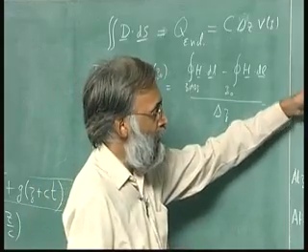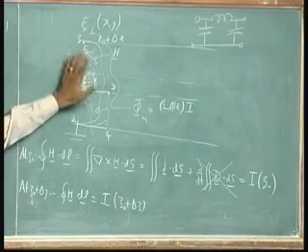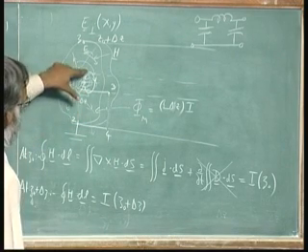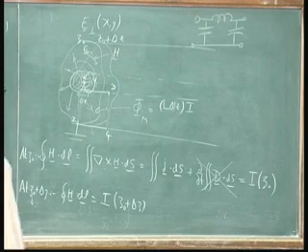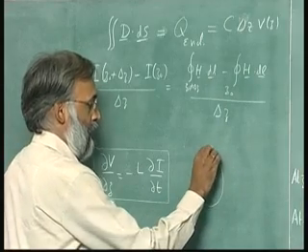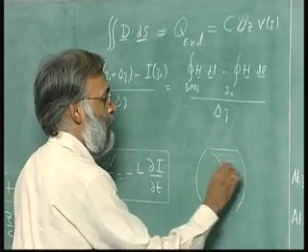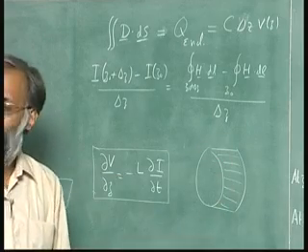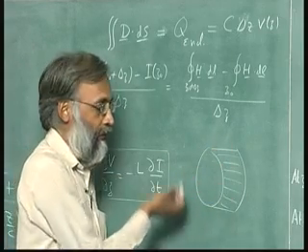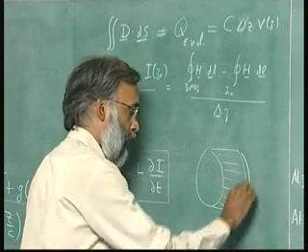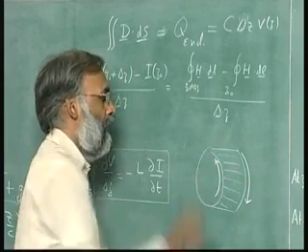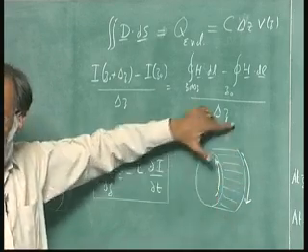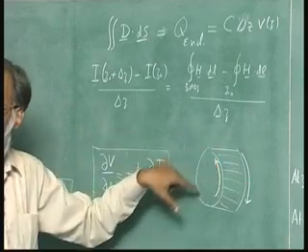So I am saying that this loop integral of h dot dl contains the current enclosed. But if I look at a ring like this and ask what is the boundary of the surface which I have marked with horizontal lines, that surface has a boundary which corresponds to going on that edge and going on this edge in opposite senses.